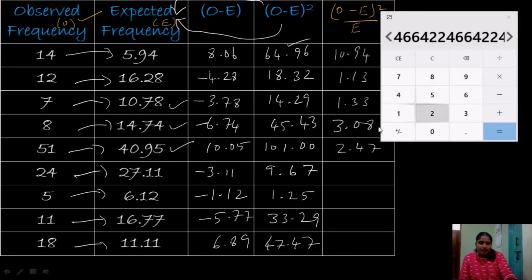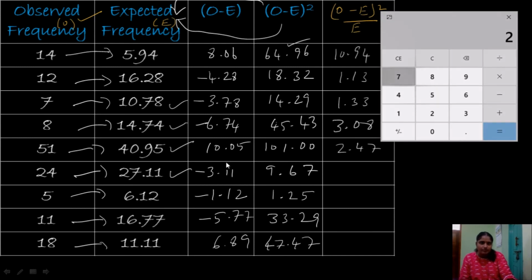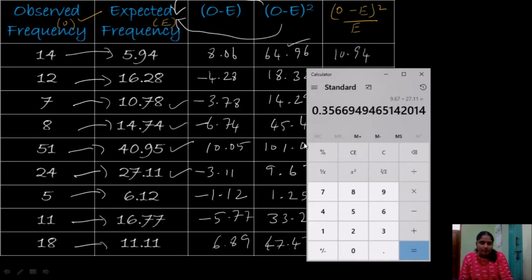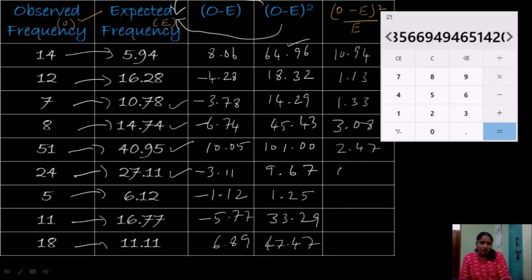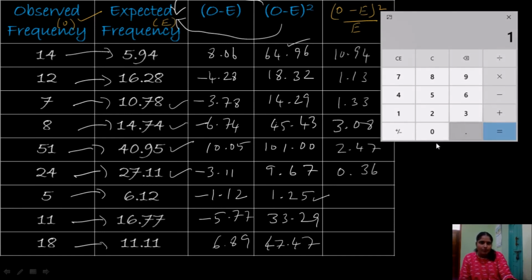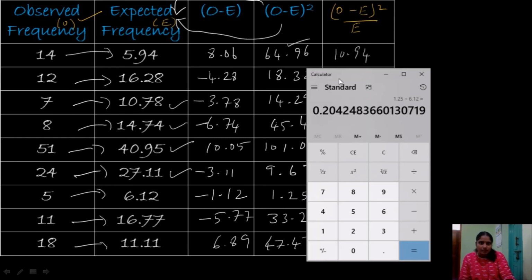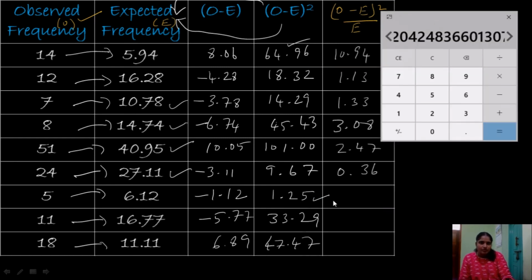Next 9.67 divided by 27.11, I get the value as 0.356, etc. So by taking 2 decimal places, 0.36, and then dividing 1.25 by 6.12, we get 0.20.